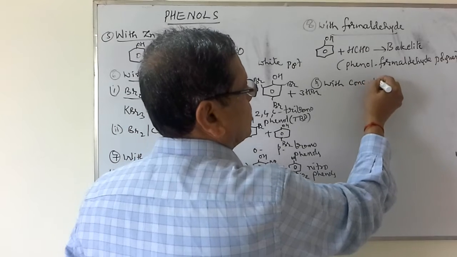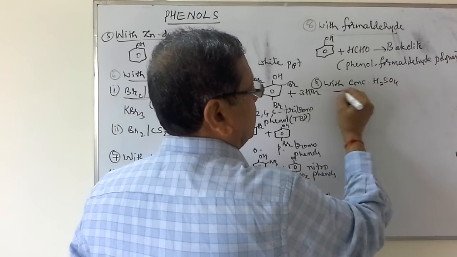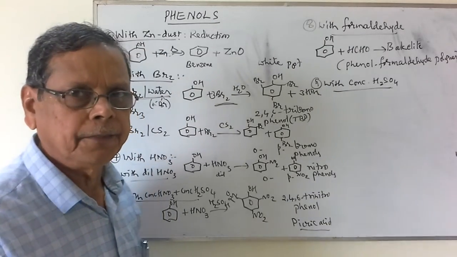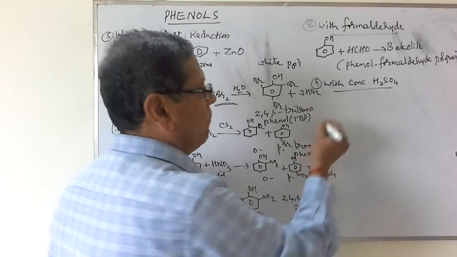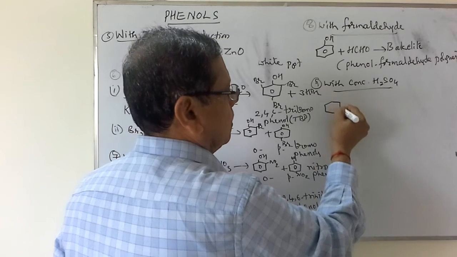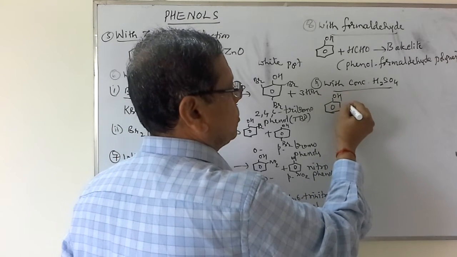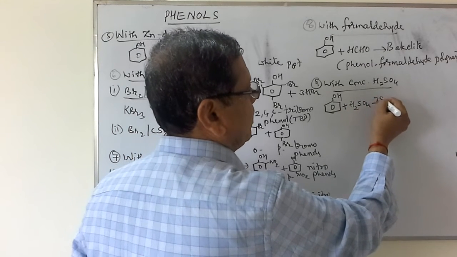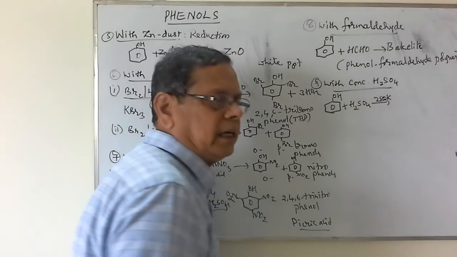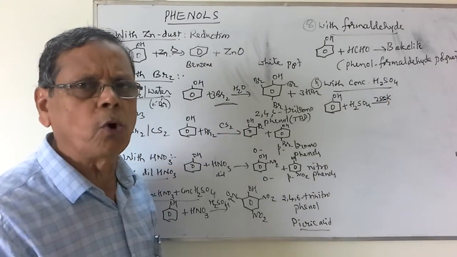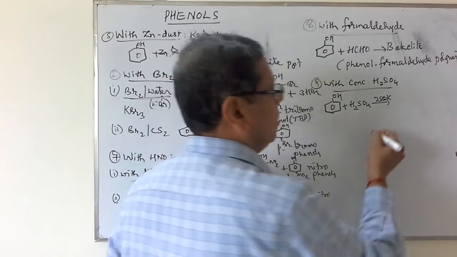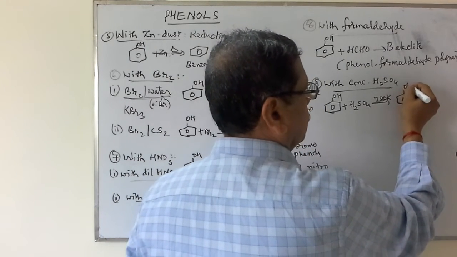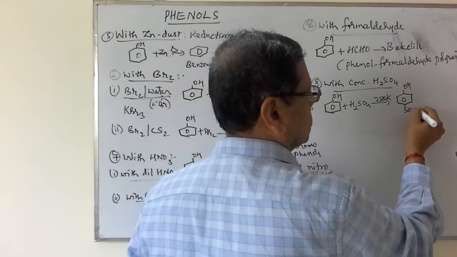With concentrated H2SO4, the reaction gives different products under different conditions, especially temperature conditions. When we take phenol and react with concentrated H2SO4 at 280 Kelvin, which is just 7 degrees Celsius, that is under cold condition, it will give rise to ortho-phenol sulfonic acid, OH and SO3H.